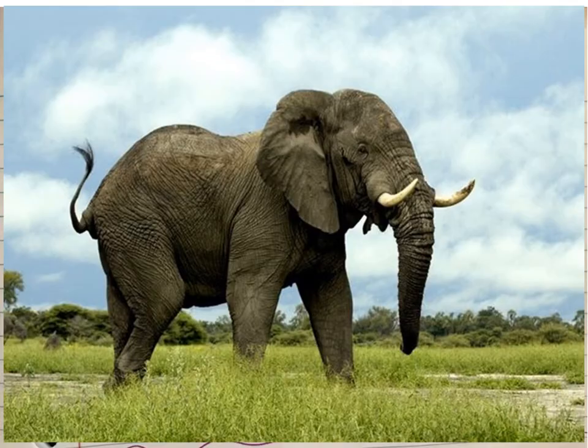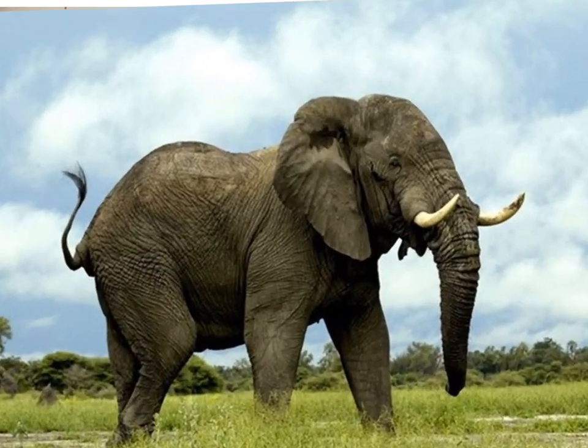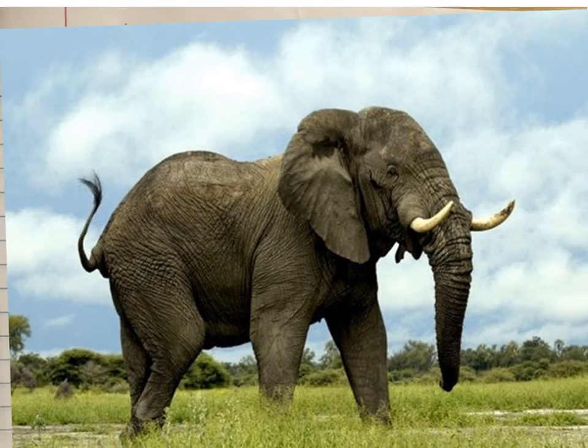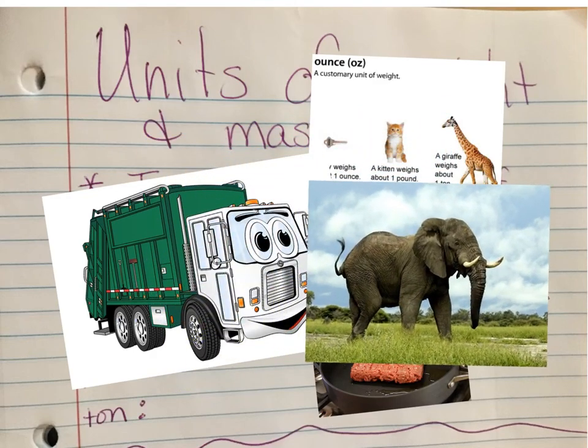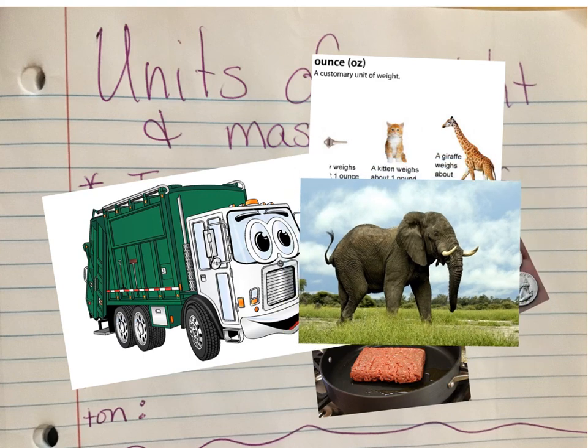An elephant is going to be about 3 tons. A full-size elephant can range between 5,000 pounds to 11,000 pounds. A ton is 2,000 pounds. So if an elephant is 5,000 pounds, it's 2.5 tons. So imagine Stella going into the garbage truck. Ooh, that's sad. Sad times.